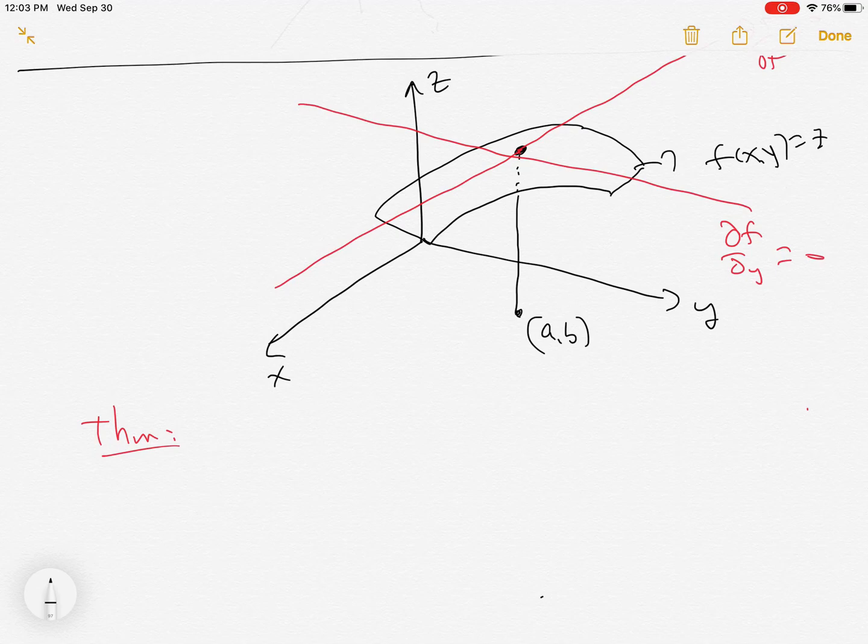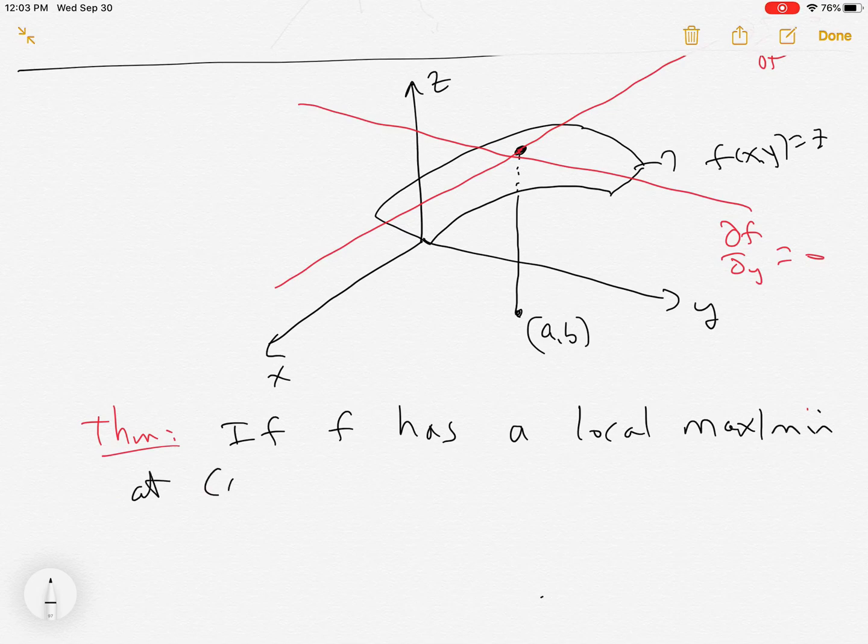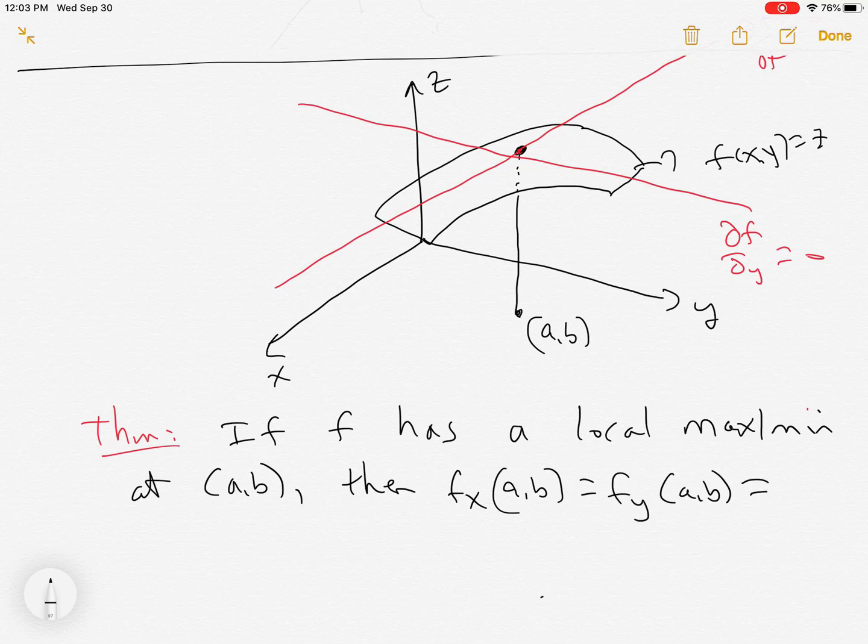Okay. So here's the theorem. If f has a local max or min at (a, b), then it must be that the partials at that point equal 0.